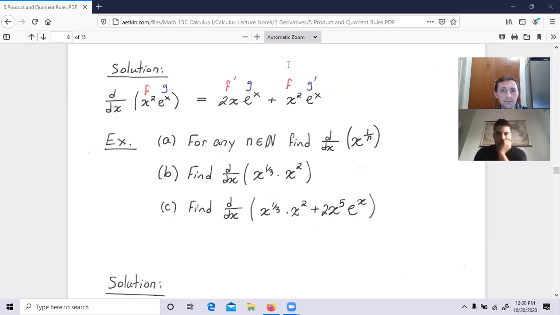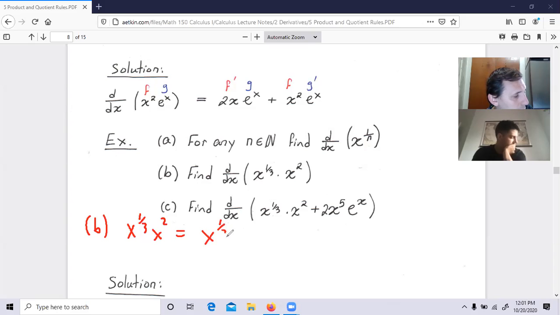So for b, one thing is x to the 1/3 times x squared. You might have noticed that it's the same as x to the power of 1/3 plus 2.